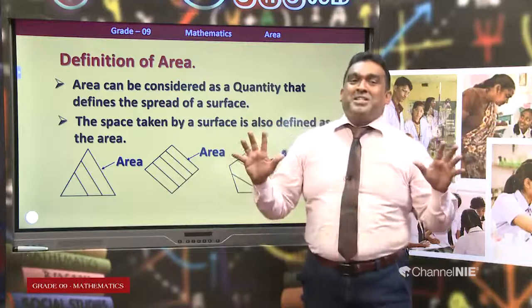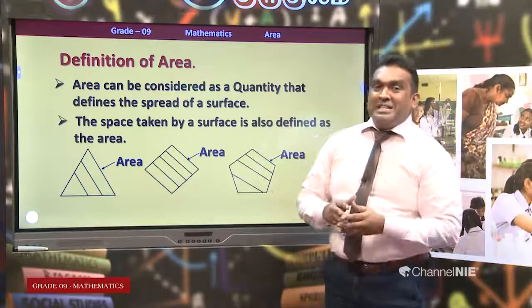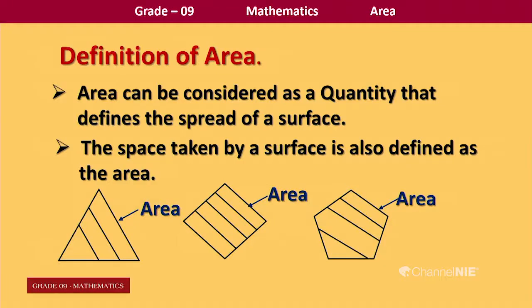Mathematical definitions are very important. Now, what is the definition of the area? The area can be considered as a quantity that defines the spread of a surface. In other words, the space taken by a surface is also defined as the area.